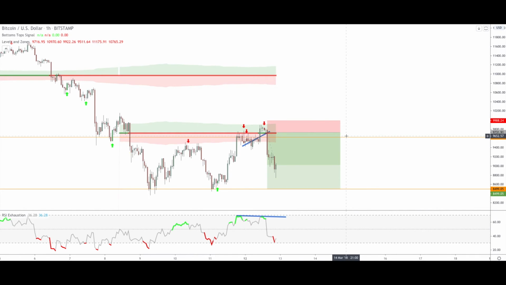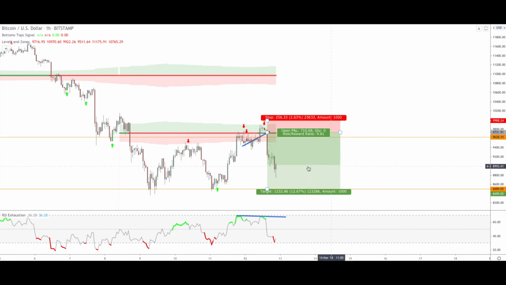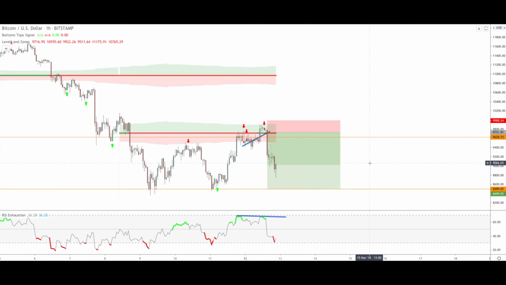Number one rule in trading: don't lose money. And so in the worst case scenario, I make money. In the best case scenario, I make almost a 5x return, which is excellent.